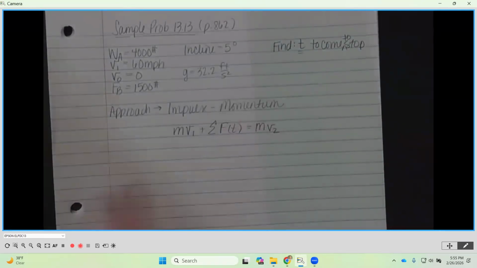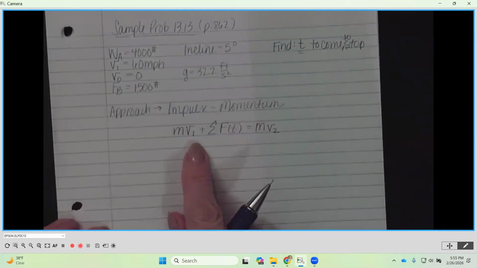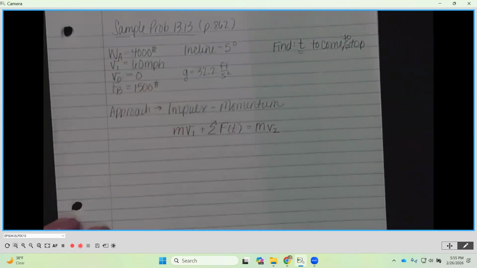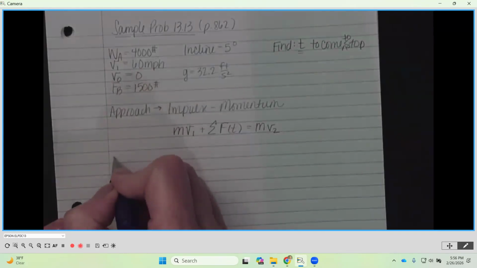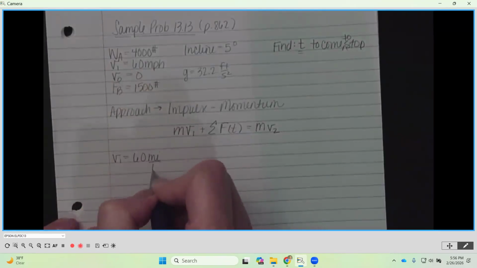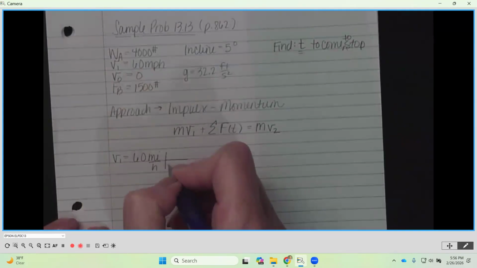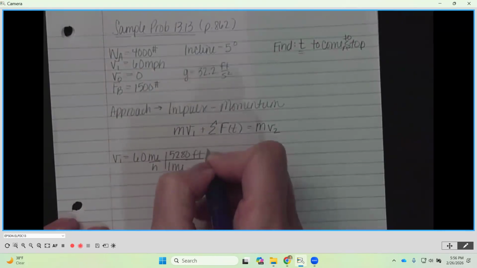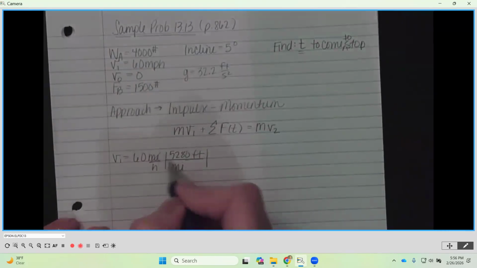Now, because we know that our velocities have to be in feet per second, let's go ahead and convert that 60 miles per hour into feet per second. So my V1 is 60 miles per hour, and I know that 1 mile has 5,280 feet. So miles cancel here.